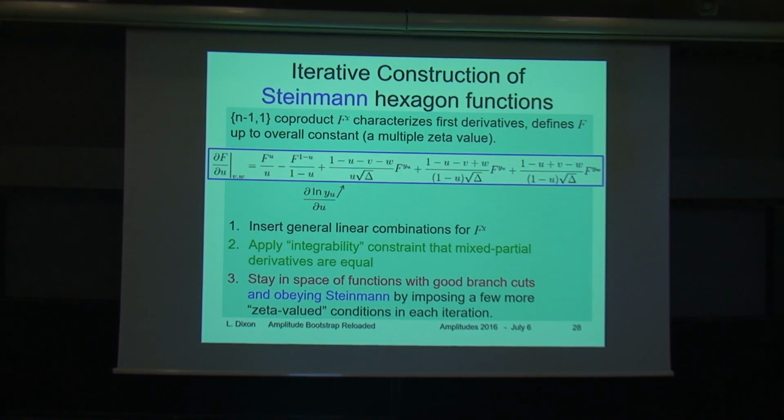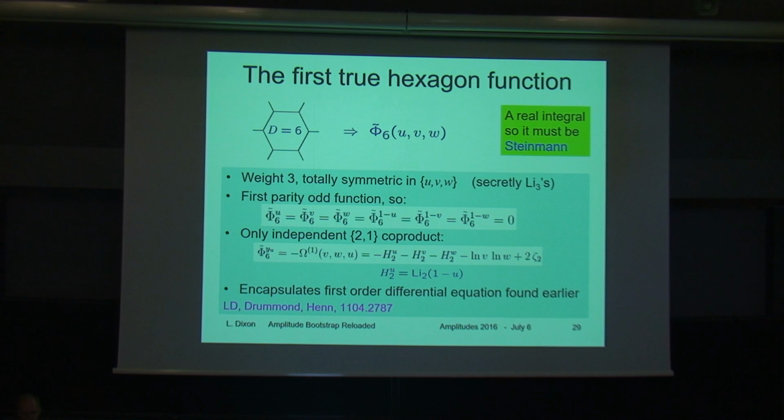And after applying this, you've fixed almost all the constants, but there's a few more conditions that fix coefficients in front of things that have simple zeta values in them that are required to maintain the space of good branch cuts and the Steinmann conditions. So there's like a handful of extra conditions that go into that. Then basically, you can just do some linear algebra and keep building up these functions at each weight.